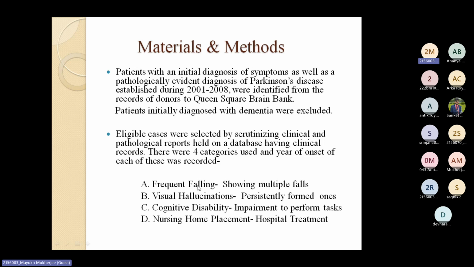Frequent falling means the ones showing multiple falls during the course of the disease. Visual hallucinations: the patients diagnosed with Parkinson's disease were observed to have persistently formed visual hallucinations. The third category is cognitive disability. In this category, the patients having Parkinson's were physically impaired.